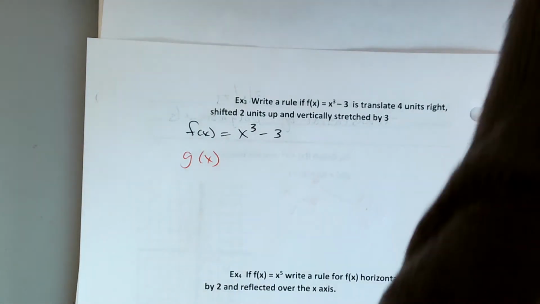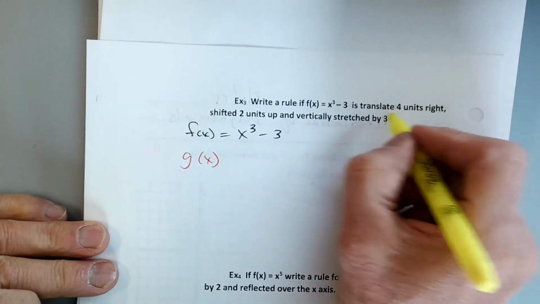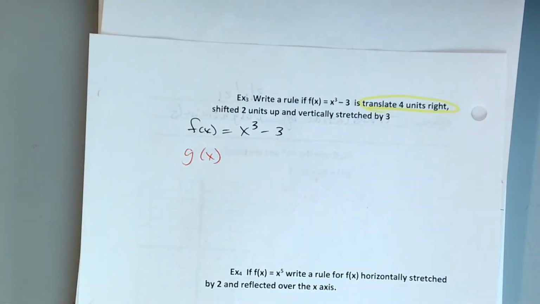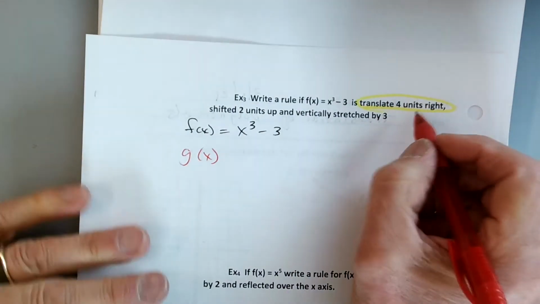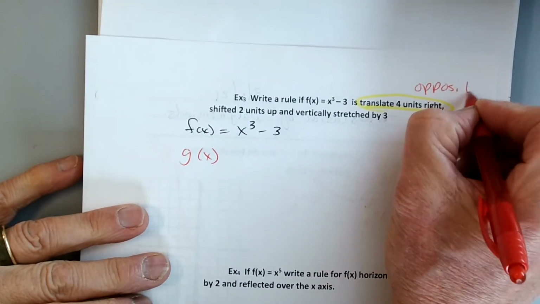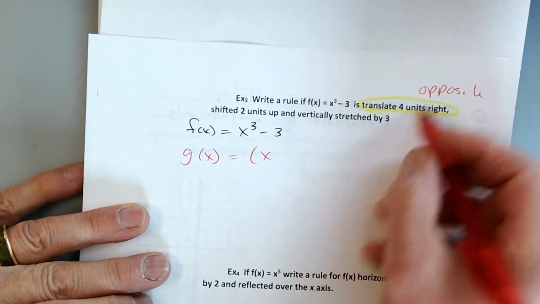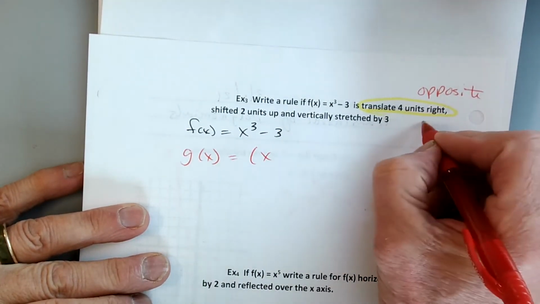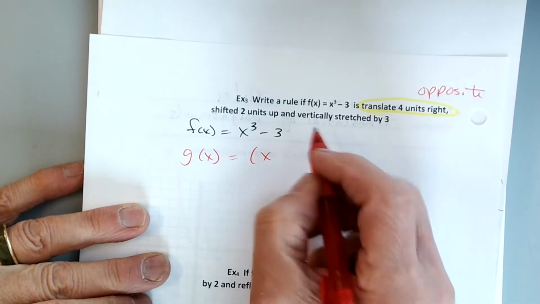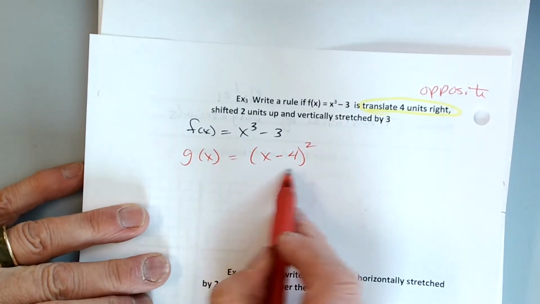Well, first, we're going to take it 4 units to the right, okay? So we have to go the opposite. If you're going right or left, it's the opposite of the inside. So I'm going to take this x inside, opposite, and I'm going to go 4 to the right. So I'm going to go minus 4 on the inside.